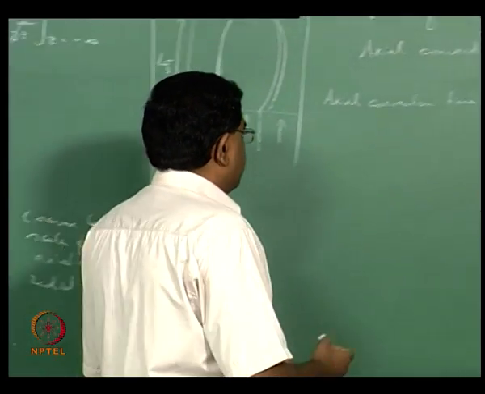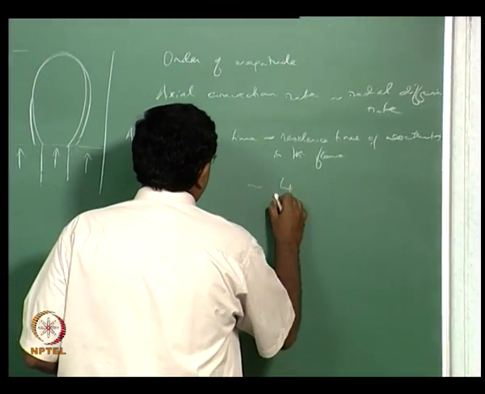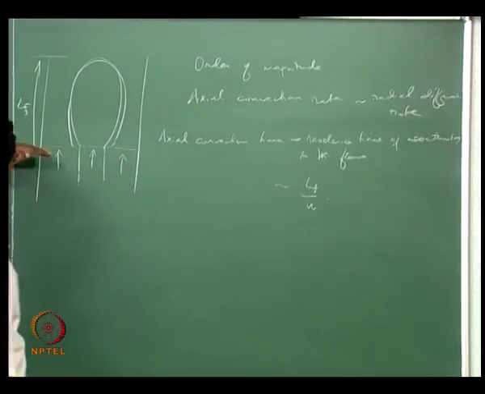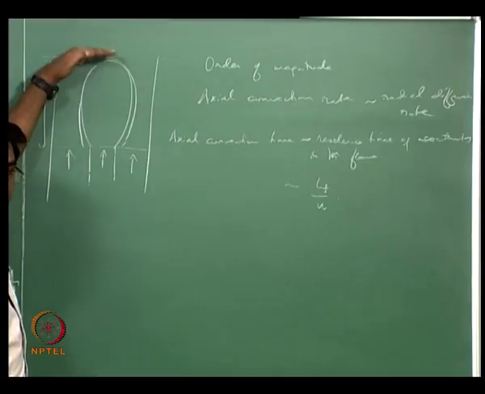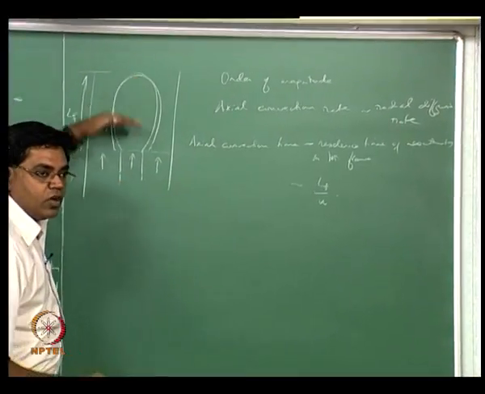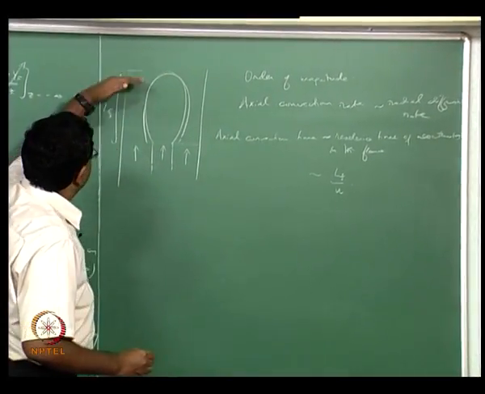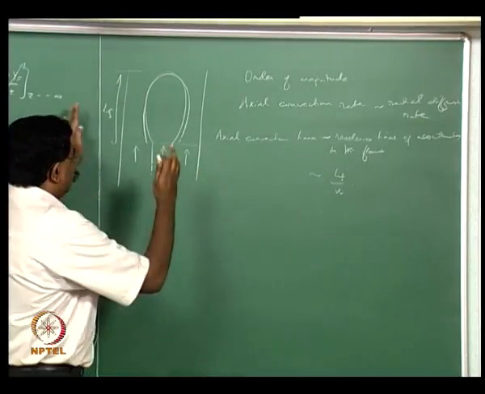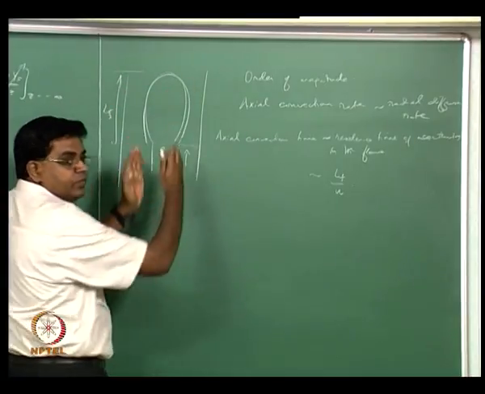So there you are looking at LF over U. If this is the length of the flame, then as the flow goes along this, it's going to be there for so long. While it is there, it's diffusing this way, right?